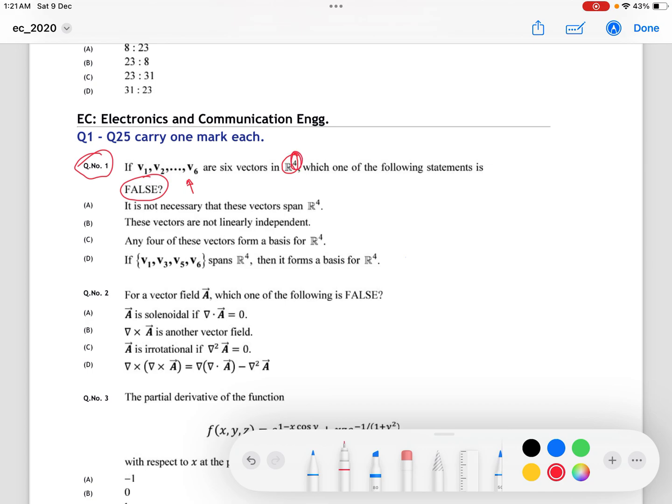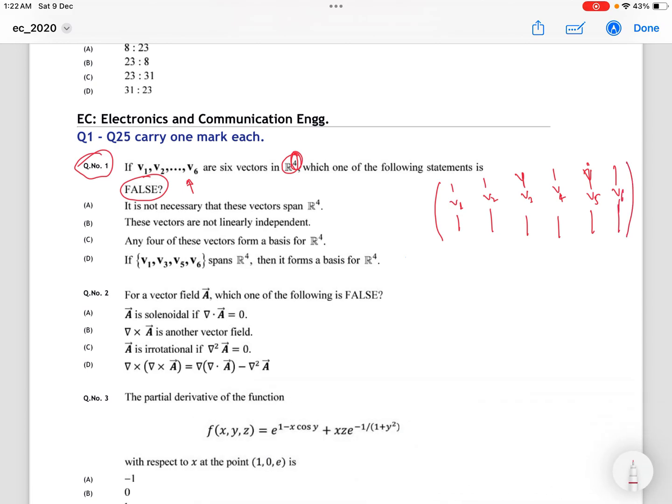Because our vector is in R4, 6 vectors in 4 dimensions. So let's not worry about that. Let's put all 6 vectors in columns: v1, v2, v3, v4, v5 and v6, right?